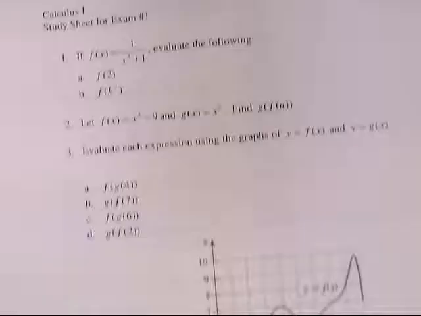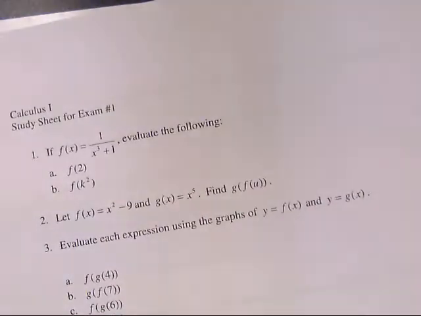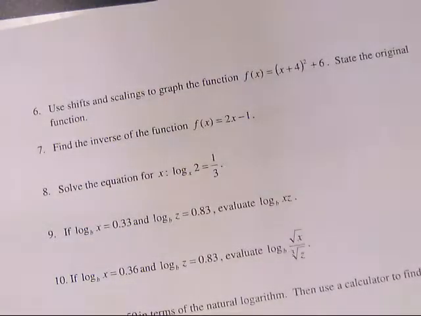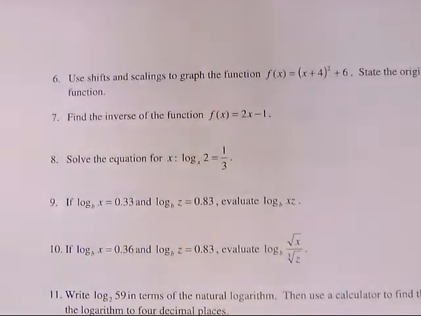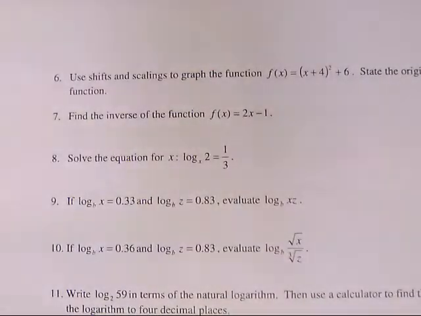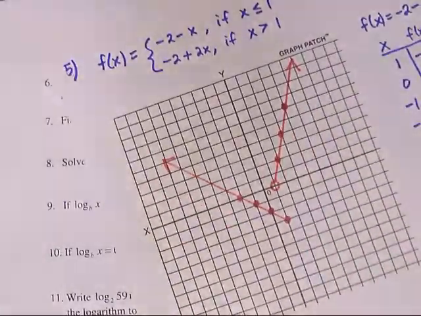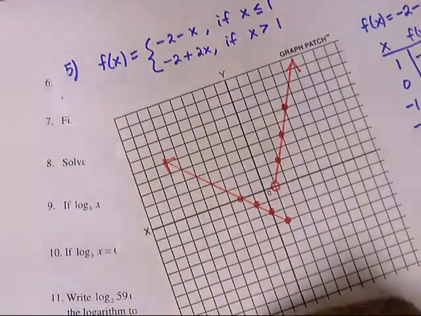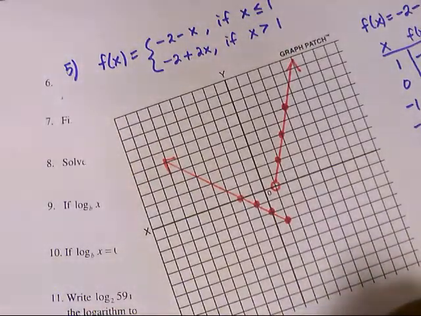All right, number 6. Here you're going to use shifts and scalings to graph the function f of x is equal to (x plus 4) quantity squared plus 6, and you're going to state the original function. And I'll go ahead and write that function down.